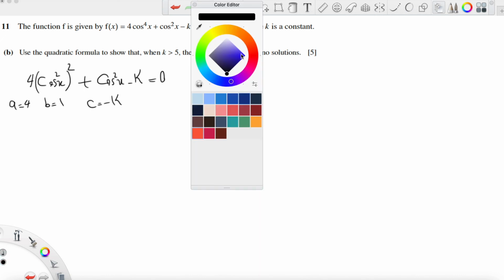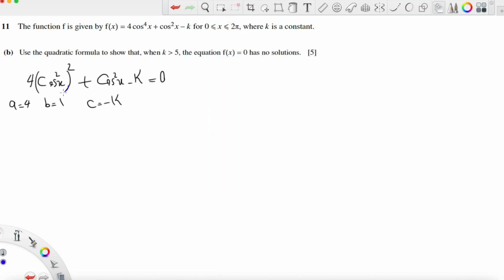Cosine is your new unknown, as if it is, for example, a. It's a quadratic equation, 4a squared plus a minus k is equal to 0, but I keep cosine in the equation.